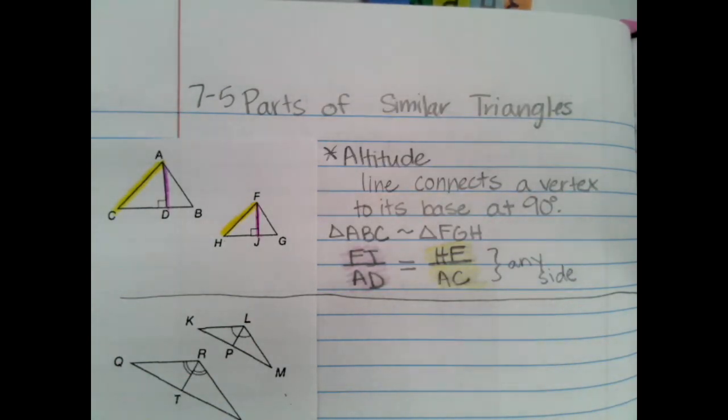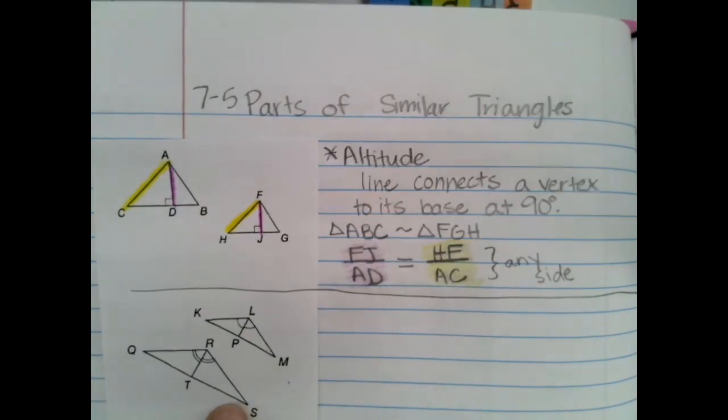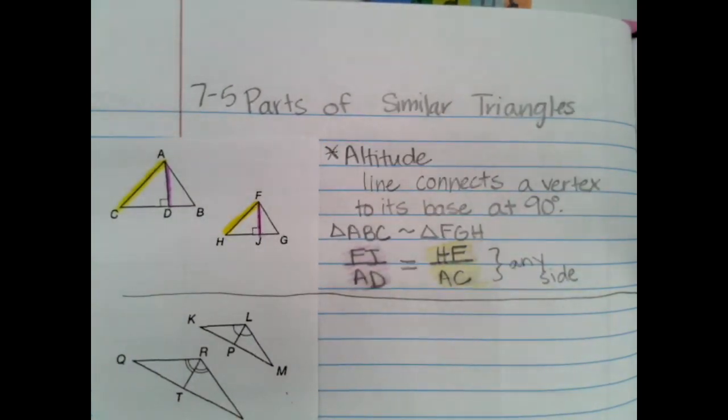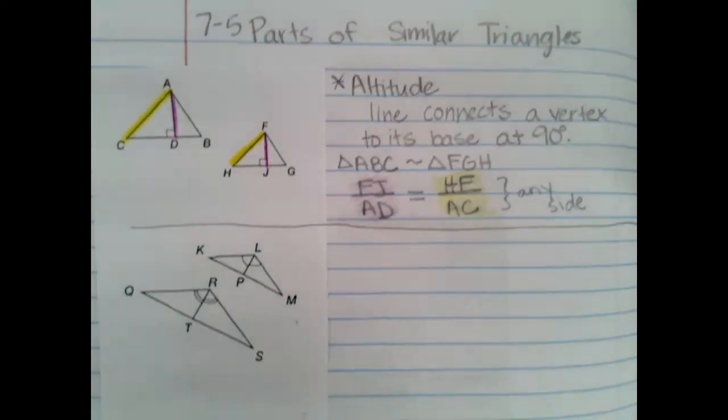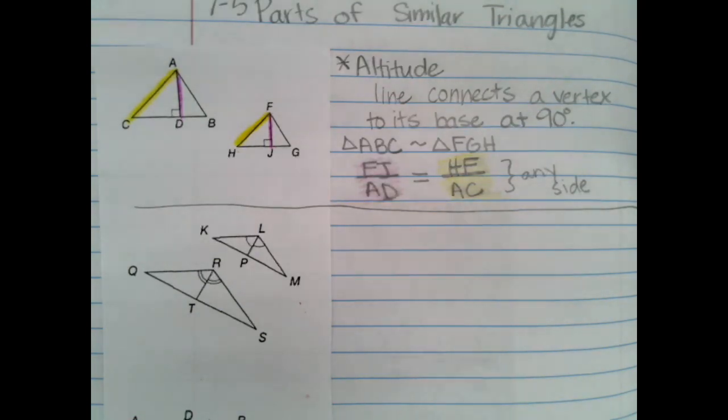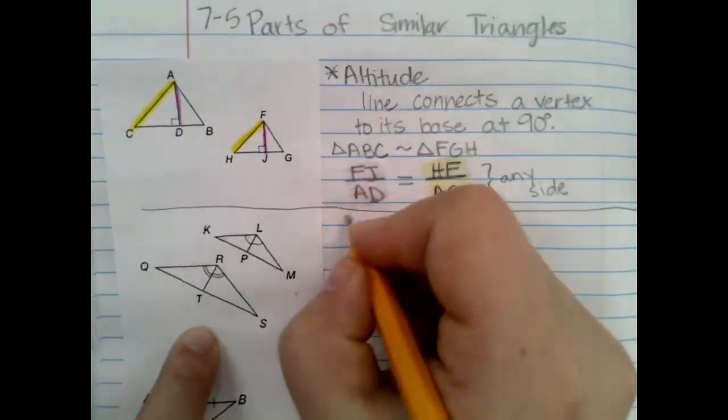All right, our next one. What kind of segment do we have in the middle of those triangles this time? Is that a median or an angle bisector? Yeah, an angle bisector. Good, it cuts that angle in half.